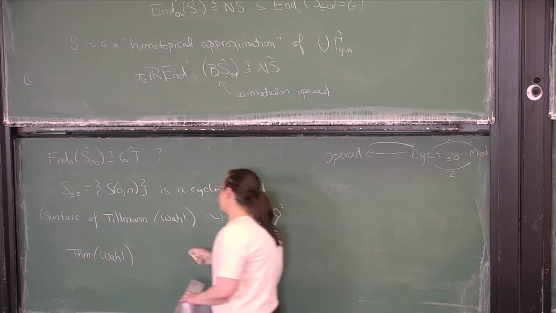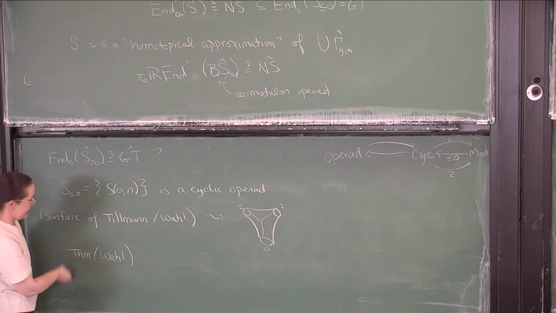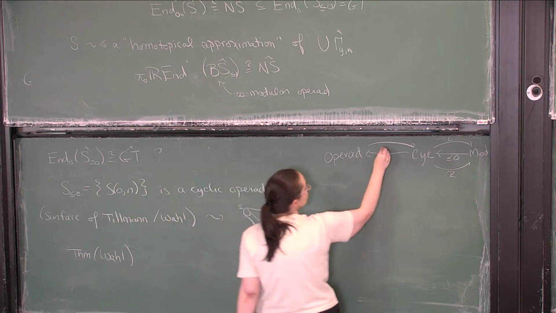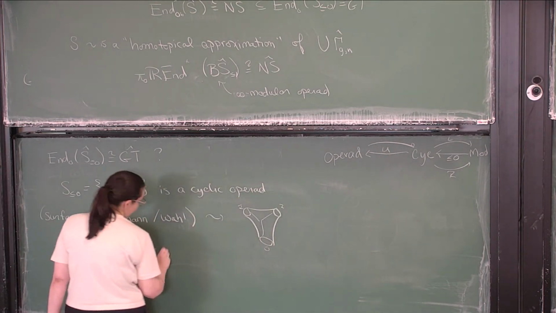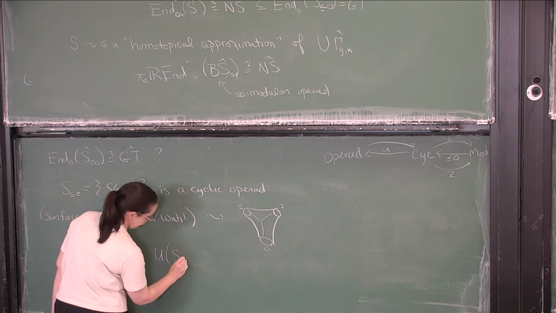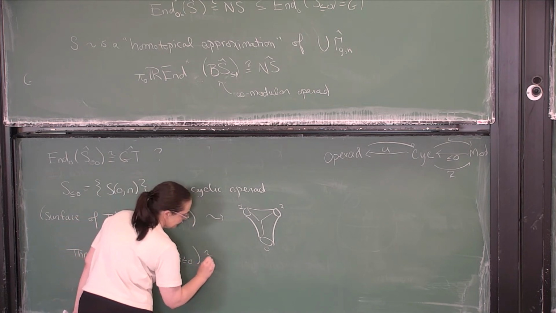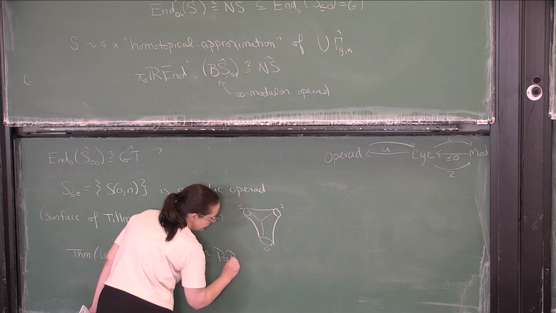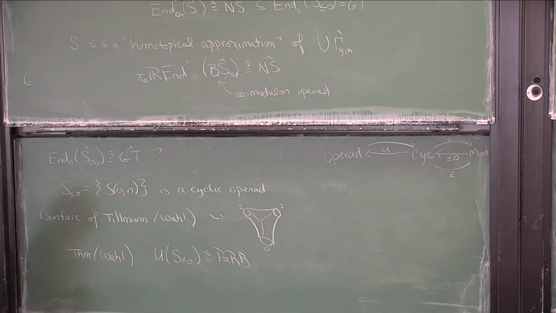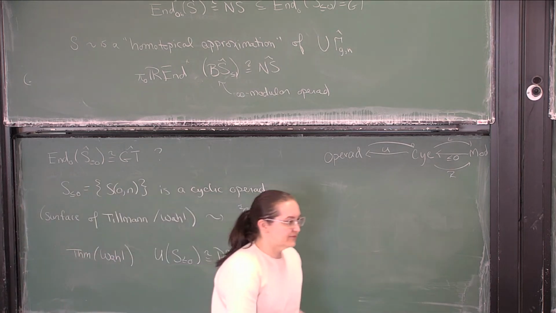If I forget down to operads, we'll call this U, that U of this thing is what's called the parenthesized ribbon braid operad. We have talked about braids.